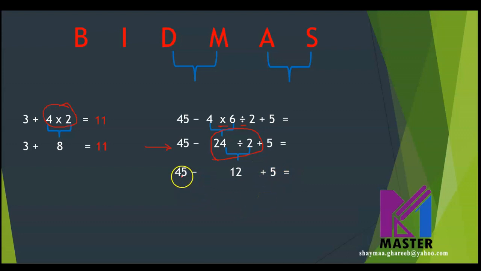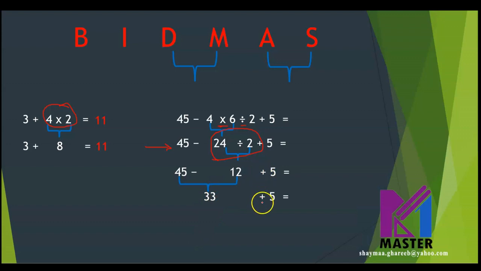Okay, now I have a sentence that has only 2 operations: subtraction at the beginning and addition. What did we say about addition and subtraction? They both have the same order. Which one should I do first? The one that comes first from left to right. So which one here comes first? The subtraction. So I will do the subtraction first. 45 minus 12 equals 33.